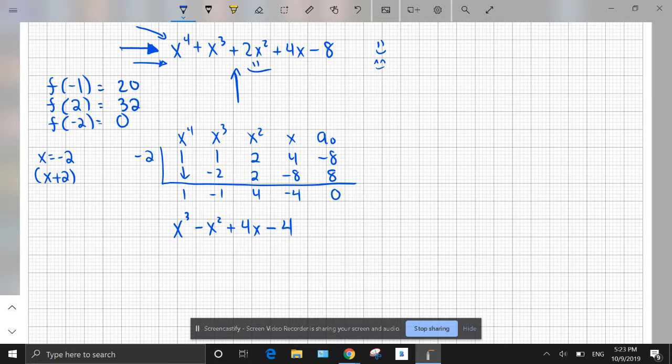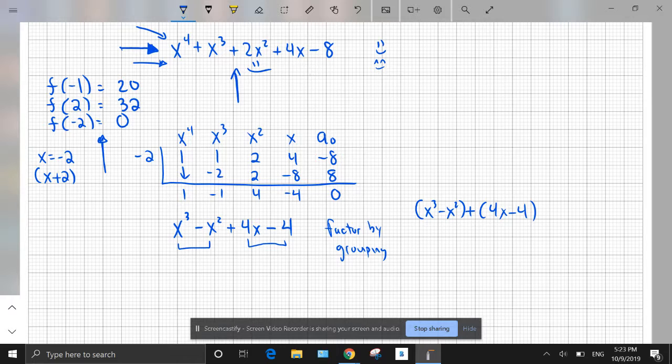We could continue checking numbers, but right here, these two have something in common and these two have something in common. So we could factor by grouping. So we group x cubed minus x squared plus 4x minus 4.